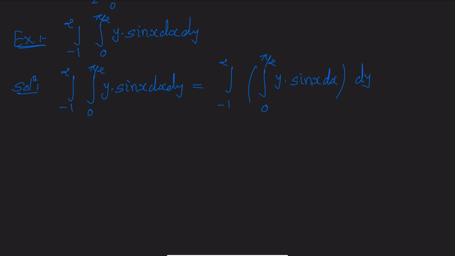So here x is interior, so x is equal to 0 to pi by 2, y is equal to -1 to y is equal to 2.